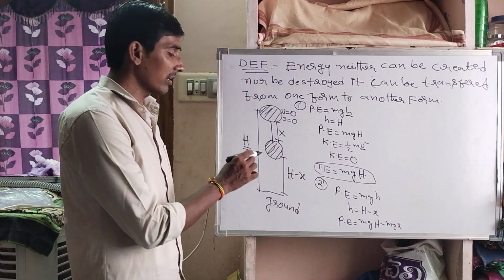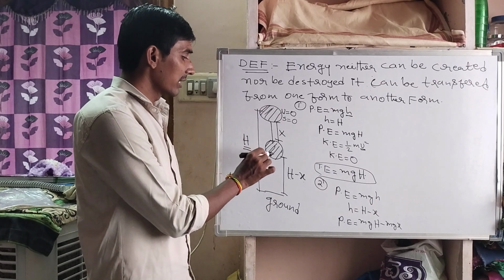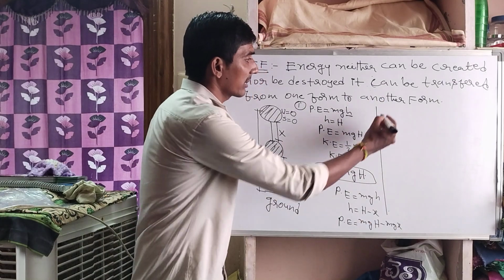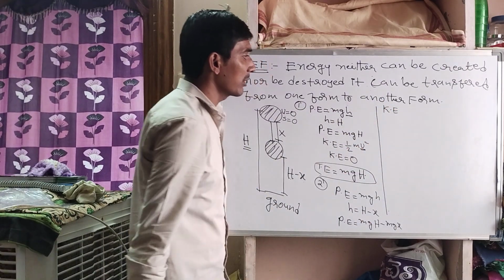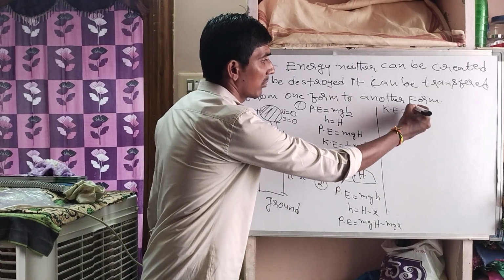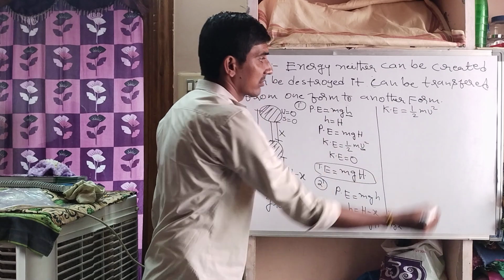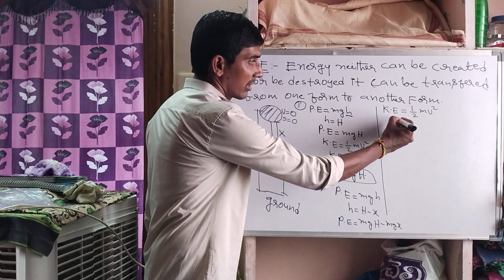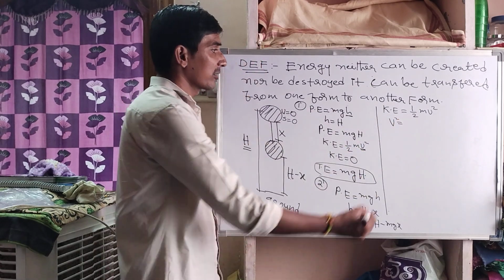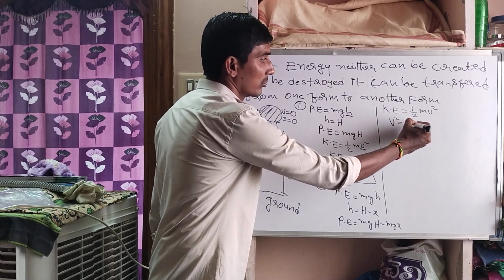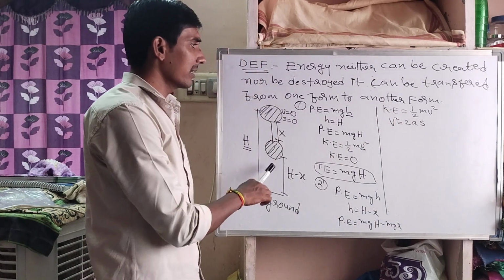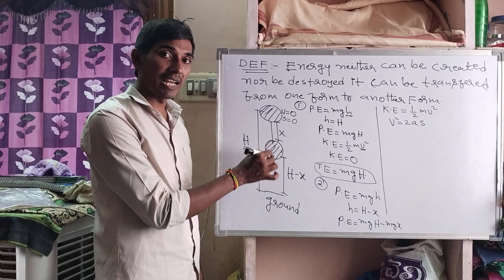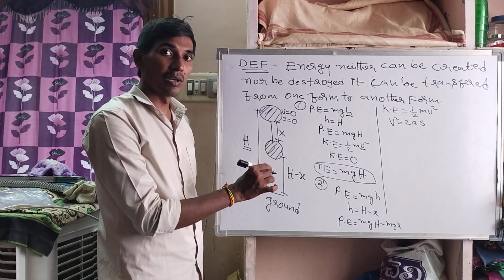Now we write the kinetic energy equation for the second position. The formula of kinetic energy is 1/2 mv². In the free fall condition, according to the third equation of kinematics, initial speed is 0 and final speed v² is equal to 2as. Here a means acceleration due to gravity, which acts in the downward direction, so a is equal to plus g.